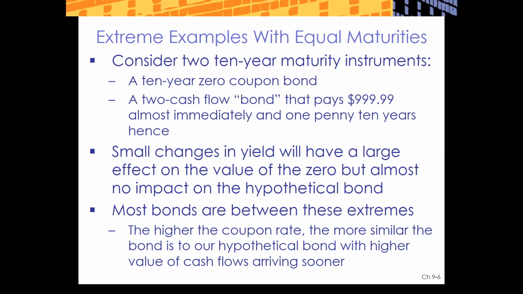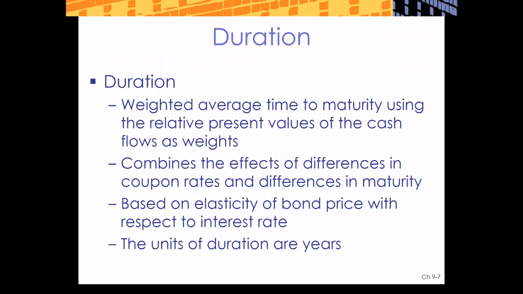Small changes in yield will have a large effect on the value of the zero, but almost no impact on the hypothetical bond. Most bonds are between these extremes. The higher the coupon rate, the more similar the bond is to our hypothetical bond, with a higher value of the cash flow arriving sooner.